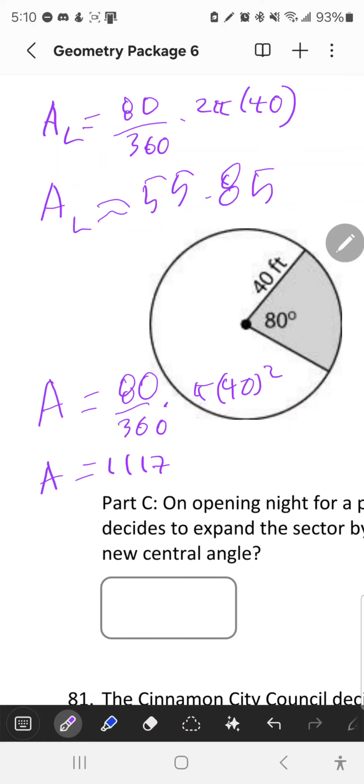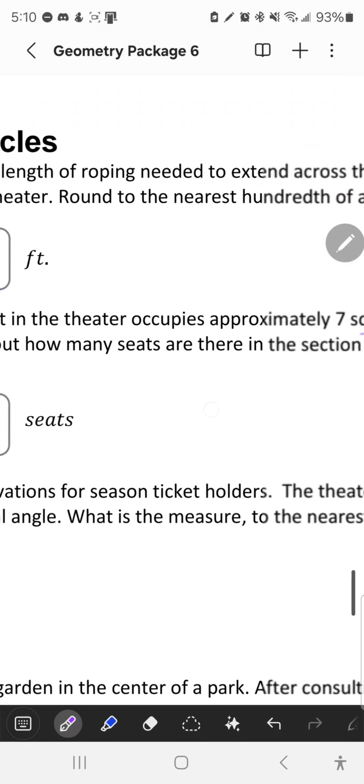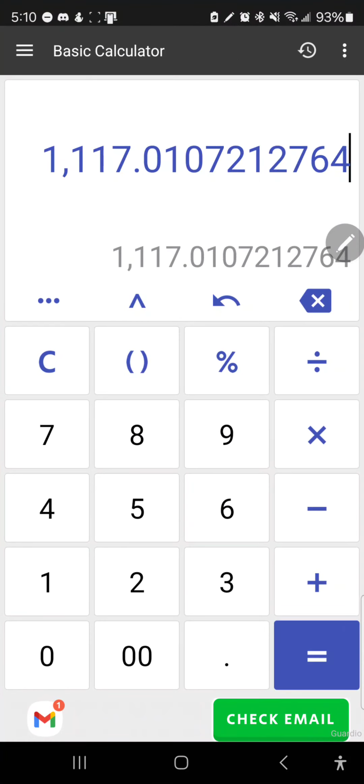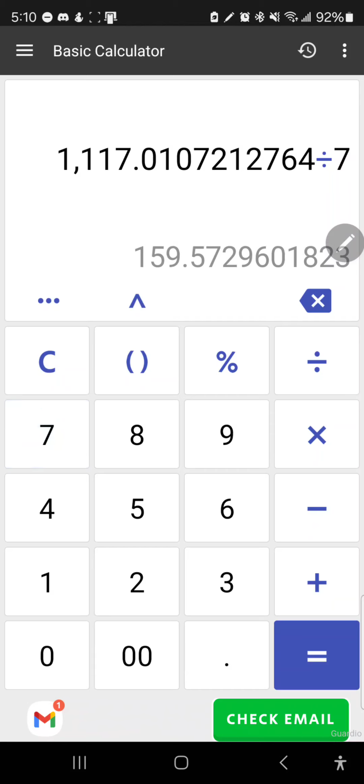Now they say that each chair occupies 7 square feet. So I need to divide the whole area by 7. And that's approximately 159.6.